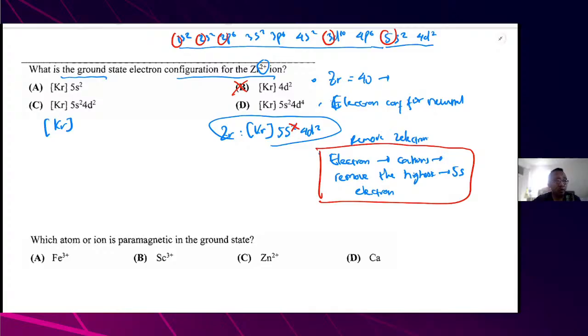So, just to recap: always remove electrons from the highest principal quantum number first, even if there is a 4d orbital written afterward.